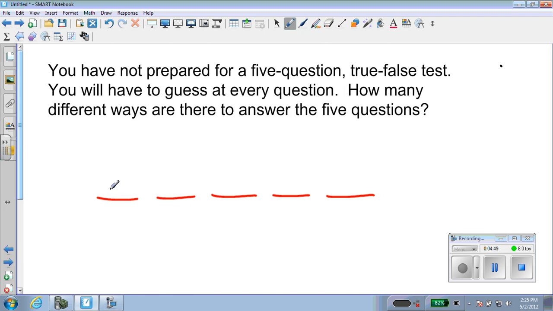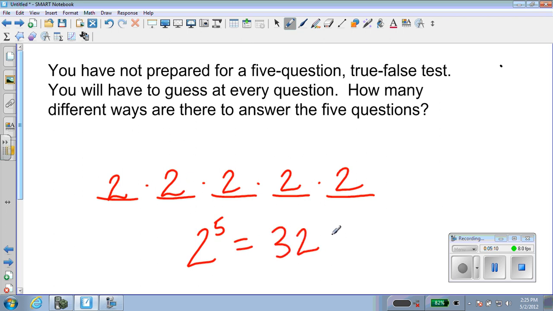If at the first question it could be true or false and you have no idea and you're just going to guess, then you have 2 choices. The second one is also a true-false question. True or false, true or false. So we would have 2 to the 5th: 2, 4, 8, 16, 32. 32 ways to answer the test.